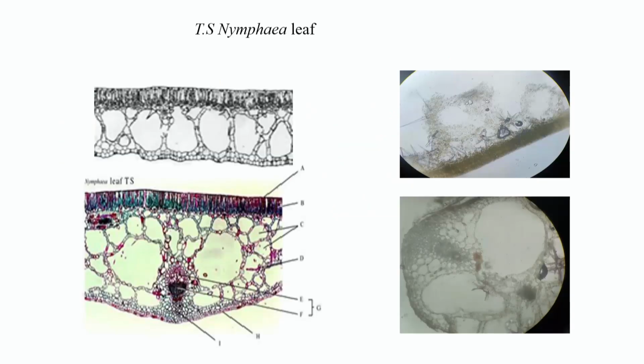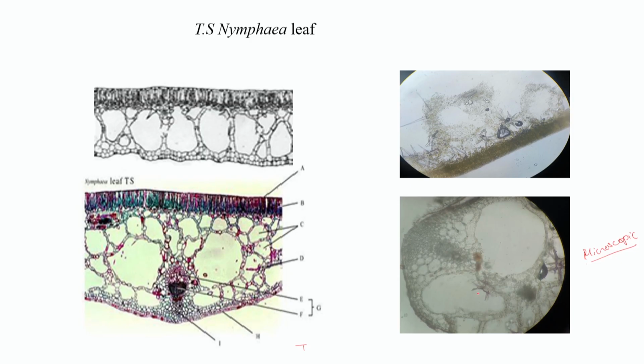Now I have also shown this section of a nymphia leaf that has been cut. This is the diagrammatic structure, and this is the microscopic structure in which the nymphia leaf was cut, and I have taken the picture.